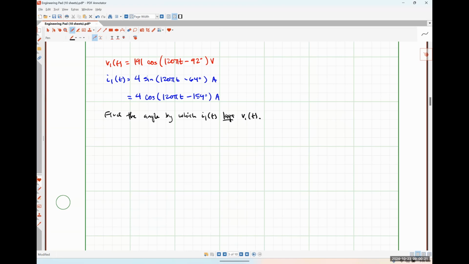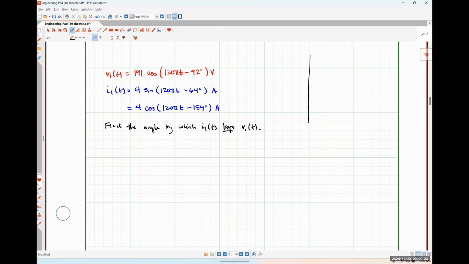I'm going to draw my phase diagram over here on the right. Once again, I have 0 degrees, 90 degrees, plus or minus 180 degrees, and then negative 90 degrees. So my voltage signal should be something like this, right? Where this angle is 92 degrees away from my 0 degrees thing.